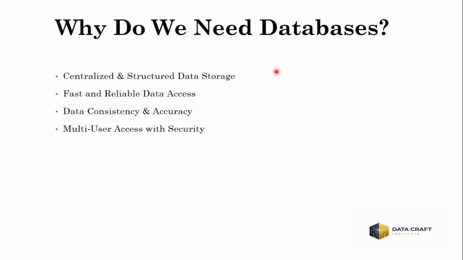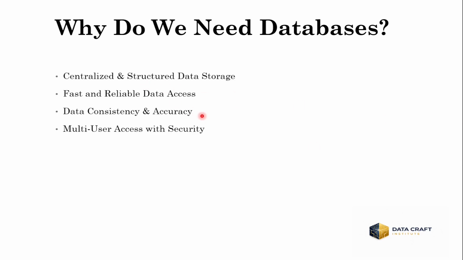So why do we need databases? It is centralized and structured data storage. Databases store data in an organized way, like in tables, rows, and columns, so information is not scattered across files and file systems. Fast and reliable data access: databases are built to quickly search, filter, and retrieve data, even when the data size grows very large.